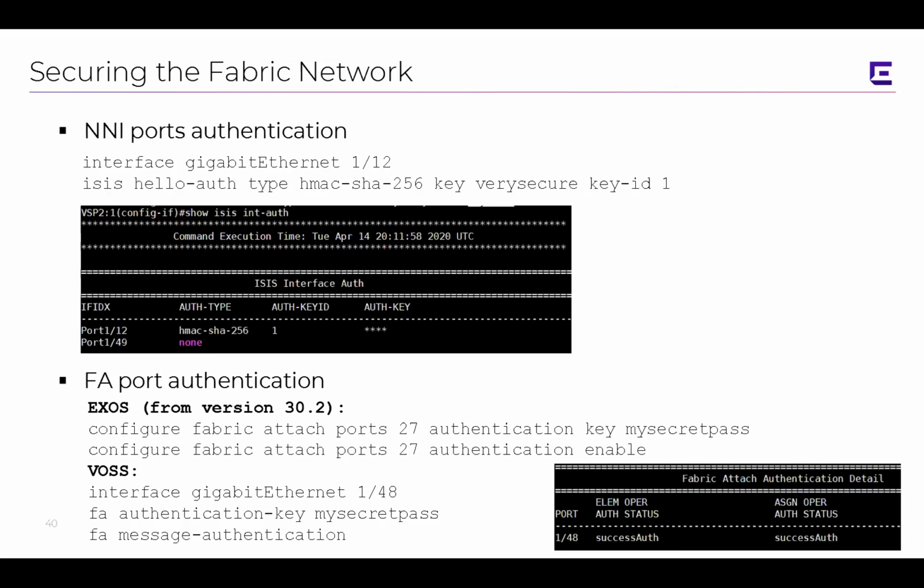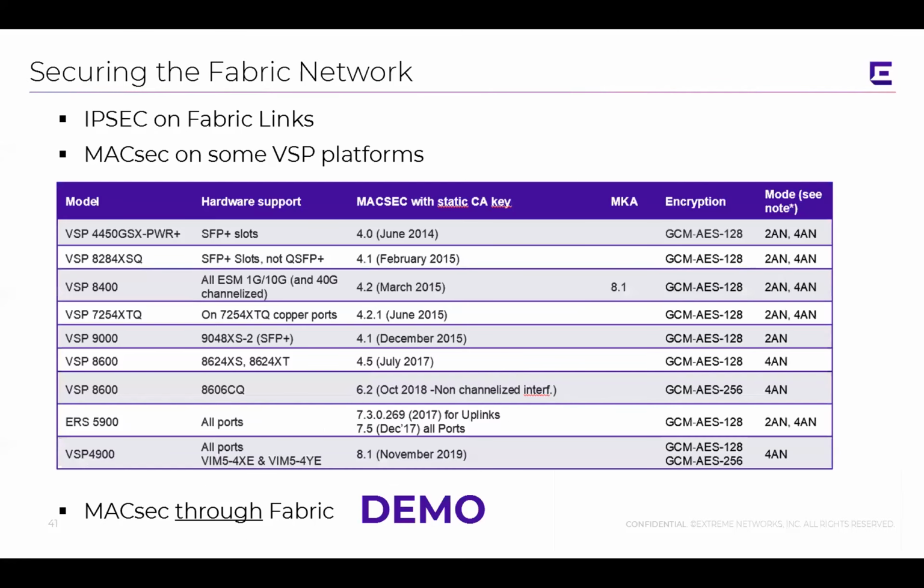You should do it from the Fabric Attach client or proxy side, and on the Fabric Attach server side as well. In this case you will be more secure, because if someone unplugs the correct switch and connects his own, Fabric Attach will not work if he doesn't know the password.